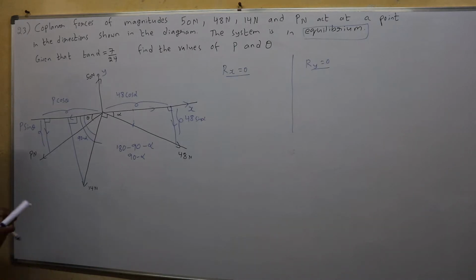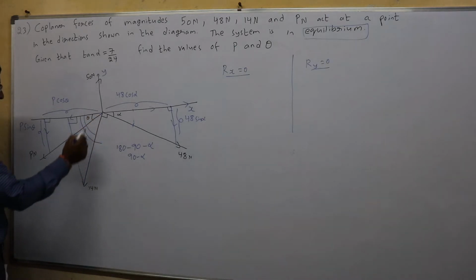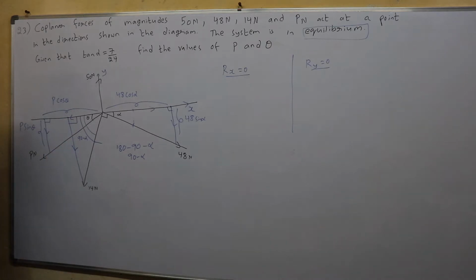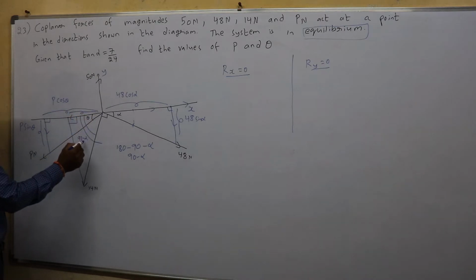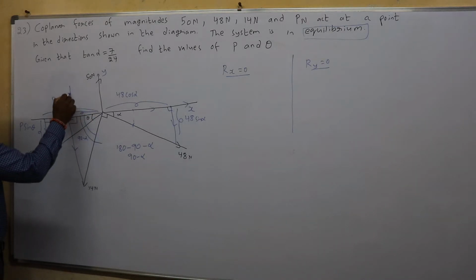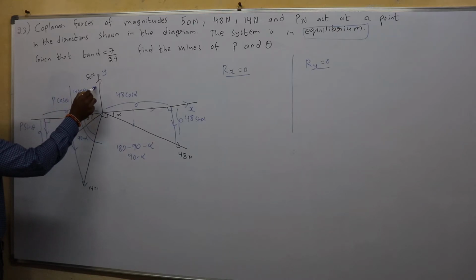Completed? Next. Instead of walking from here to here, I could come back in this direction, then from here I could move down. And this part is adjacent to 90 minus alpha, so it becomes 14 cos(90 minus alpha), which is 14 sin alpha.